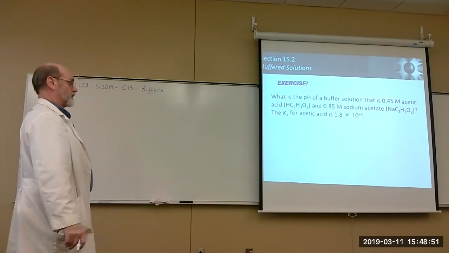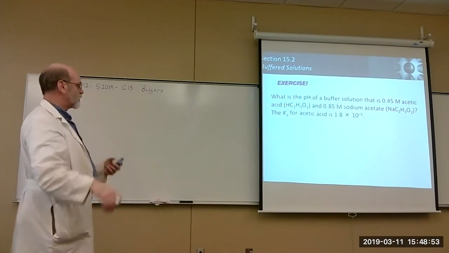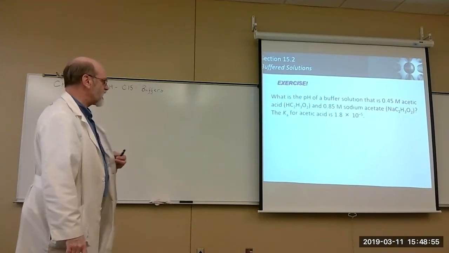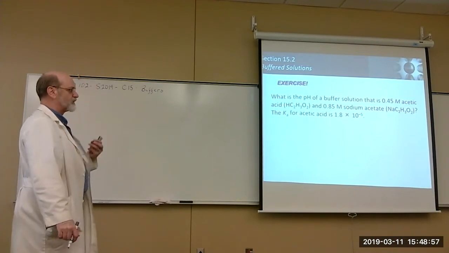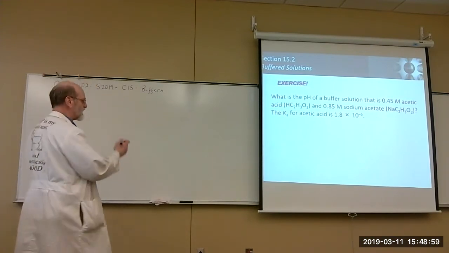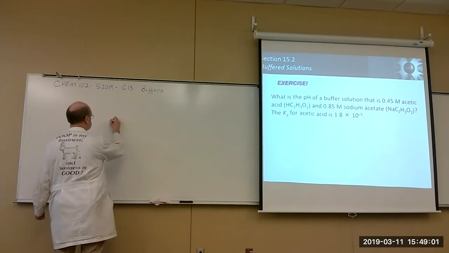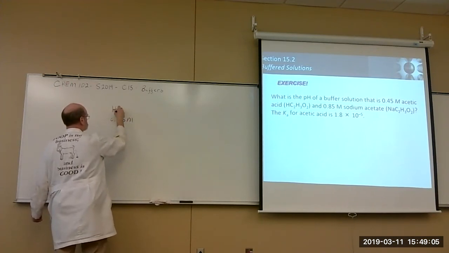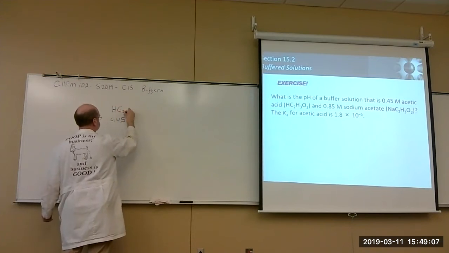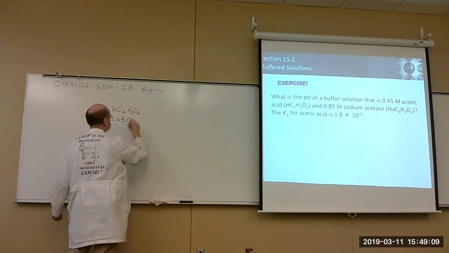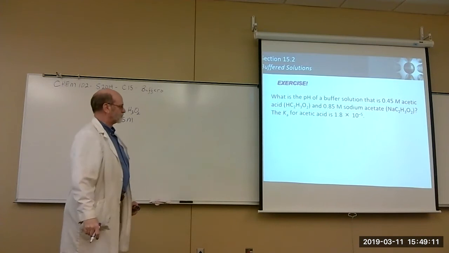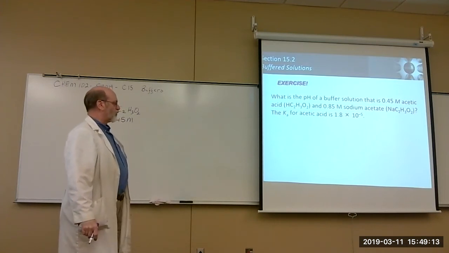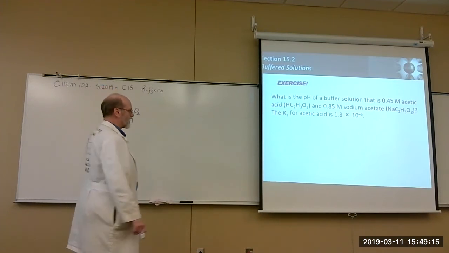Let's see if we can use it. Suppose we want to know the pH of a buffer solution that is 0.45 molar acetic acid. Okay. And 0.85 molar sodium acetate.